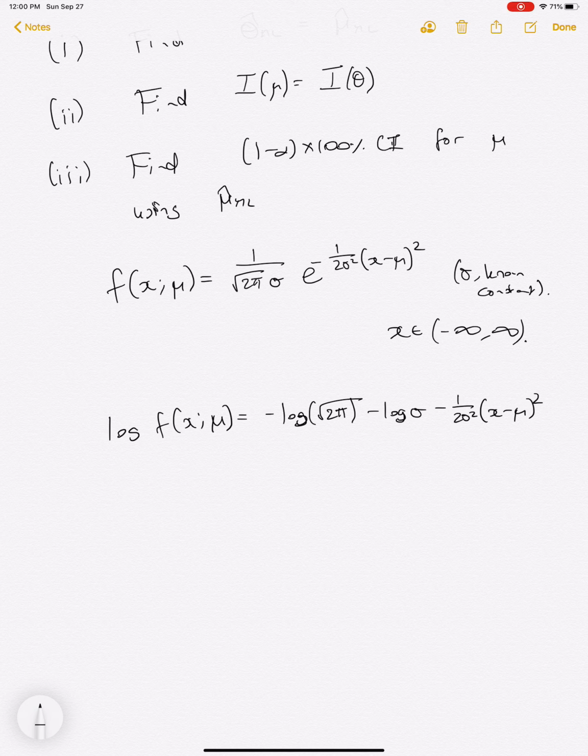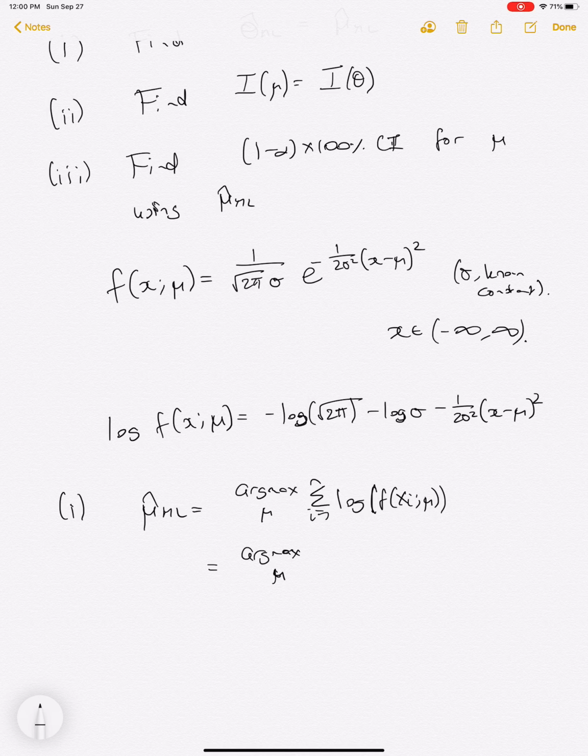And for part one, I believe we've already done this calculation, but I'll quickly go through it again here just to remind everyone.